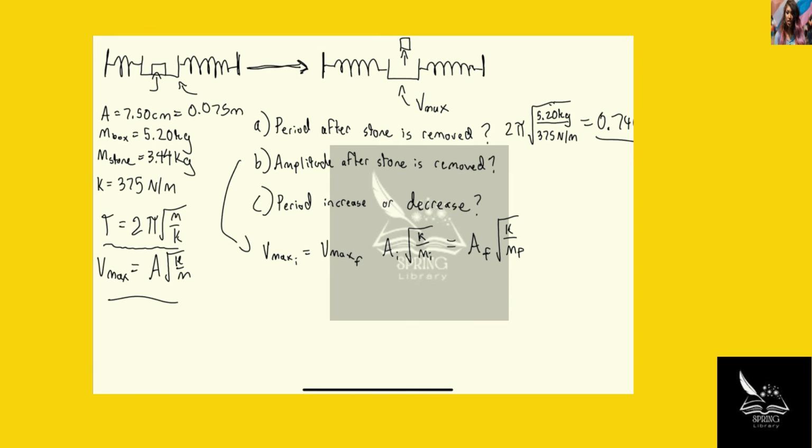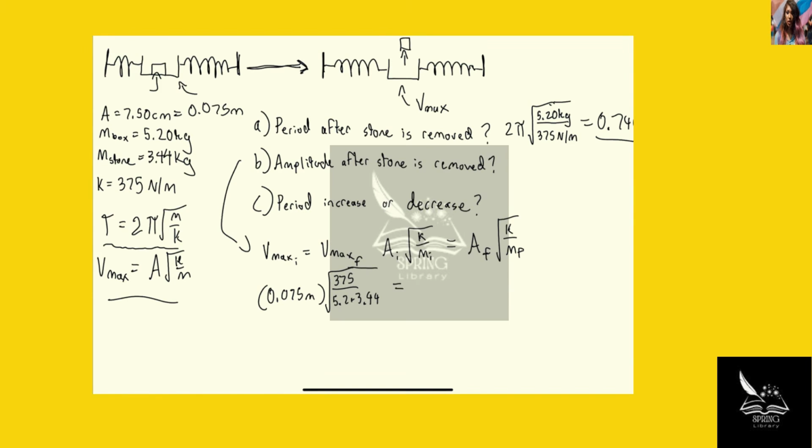After plugging in some values, the initial amplitude is 0.075 meters as given, and we multiply that by the square root of the spring constant, 375, over the square root of the initial mass, which is 5.2 plus 3.44, since it is the mass of the box plus the mass of the stone initially.